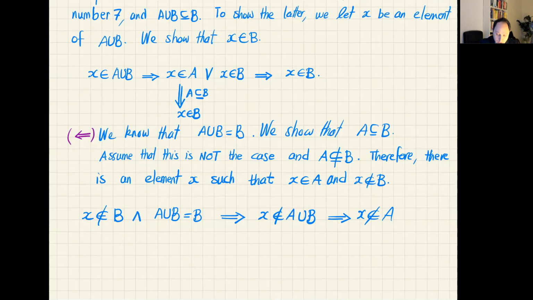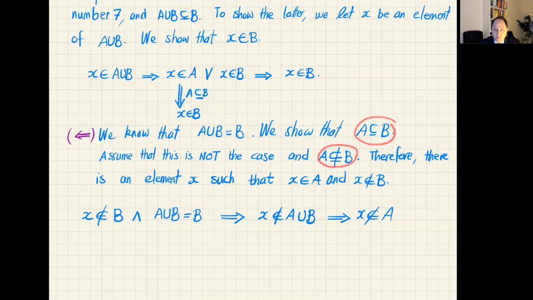But this is a contradiction, because now you are telling me that X belongs to A, and then I have to also admit that simultaneously X does not belong to A. This happens because of this false assumption. So this is a false assumption, so its negation should be true.